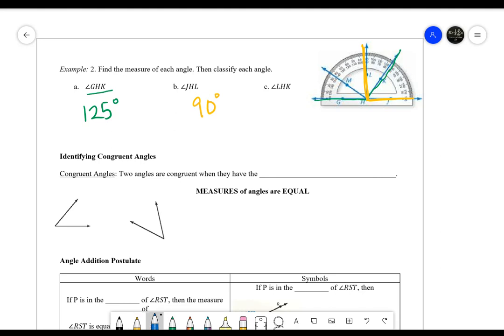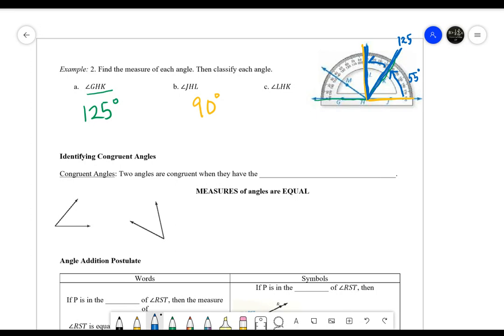And LHK, we start with L, go down to H, and then K is right here. So if you know that this one is at 125 from G, then that means that this way it is 55.